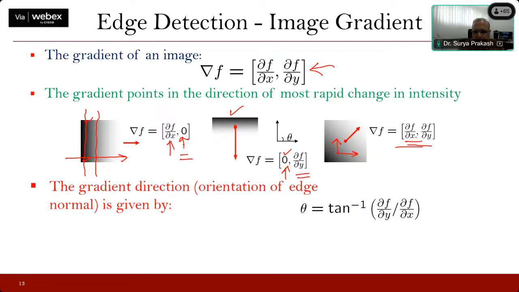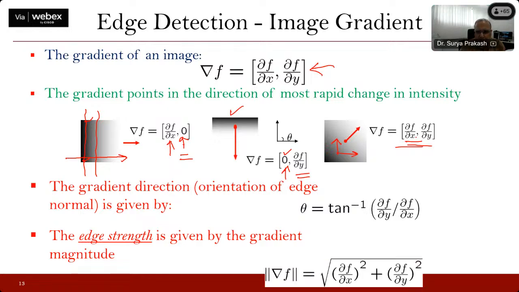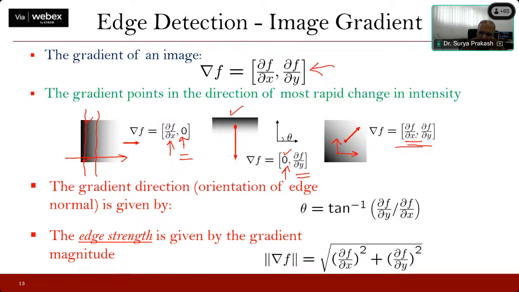Here, theta is nothing but tan inverse of the gradient in the y direction divided by the gradient in the x direction. That way you can compute theta. Computation of the magnitude is very simple. When you have, let's say, a vector (a, b) and you want to compute its magnitude, it is the square root of a squared plus b squared, and that's exactly what we have done here.